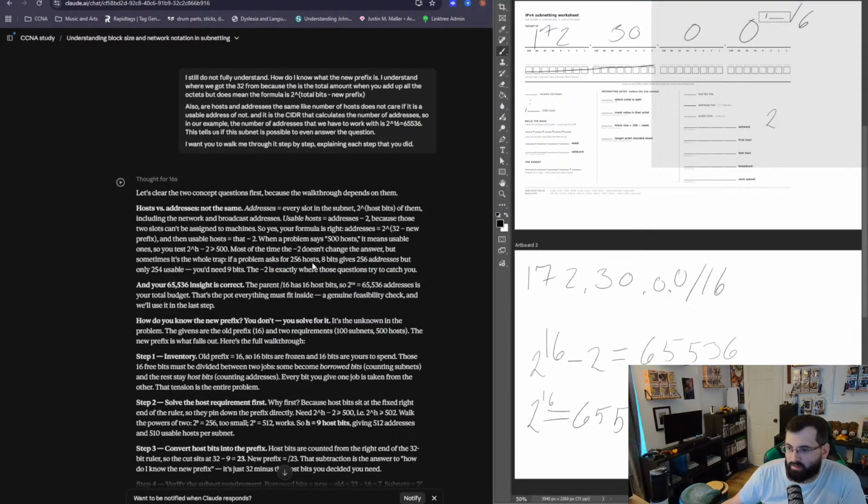Most of the time, the minus 2 doesn't change the answer, but sometimes it's the whole trap. If a problem asks for 256 hosts, 8 bits gives 256 addresses, but only 254 are usable, you'd need 9 bits. What?